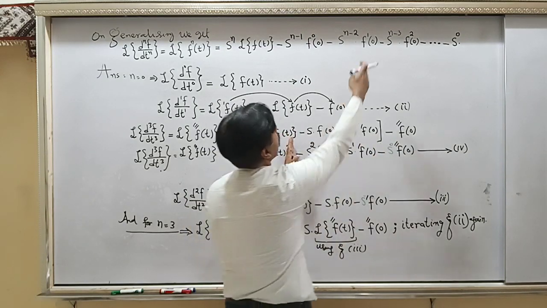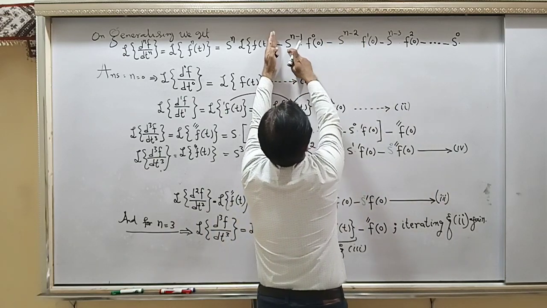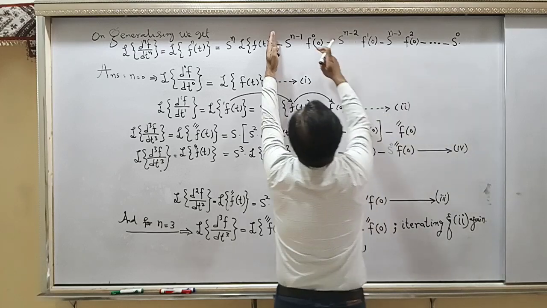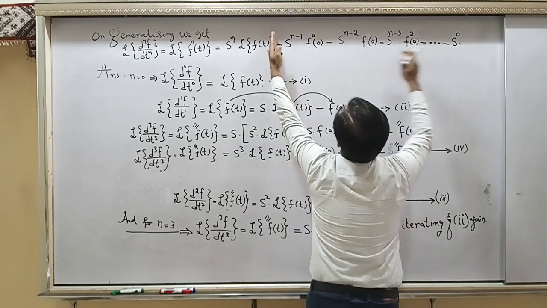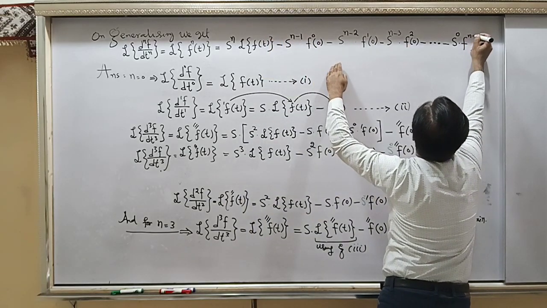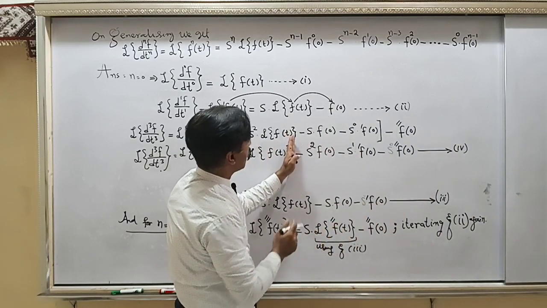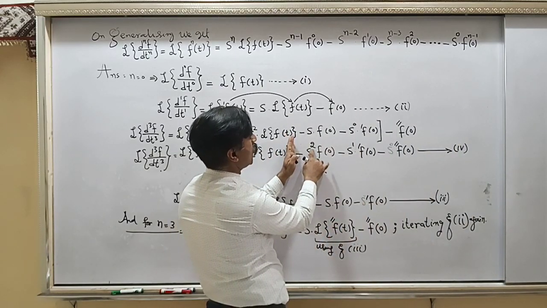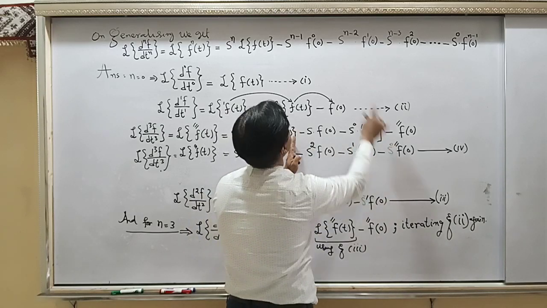So the same thing here from the negatives, from this point. The exponent of s is decreasing to 0. The order of derivative of f will increase to f n minus 1. Okay, this is visible from here. Look, the exponent of s is 2, decreasing by 1 unit to 0.